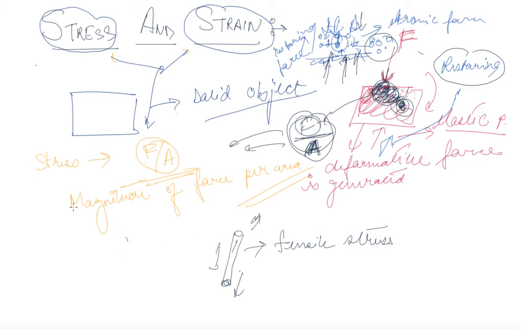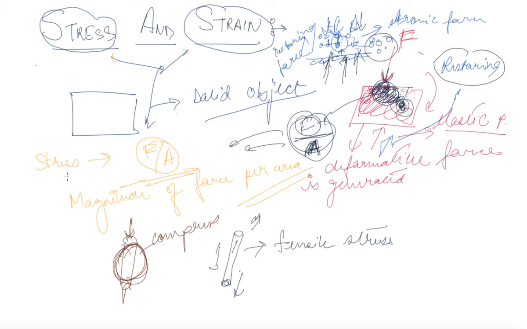In the same manner, say this rod, you are trying to compress. You are trying to compress. That is the stress experienced because of this applied force over this area.